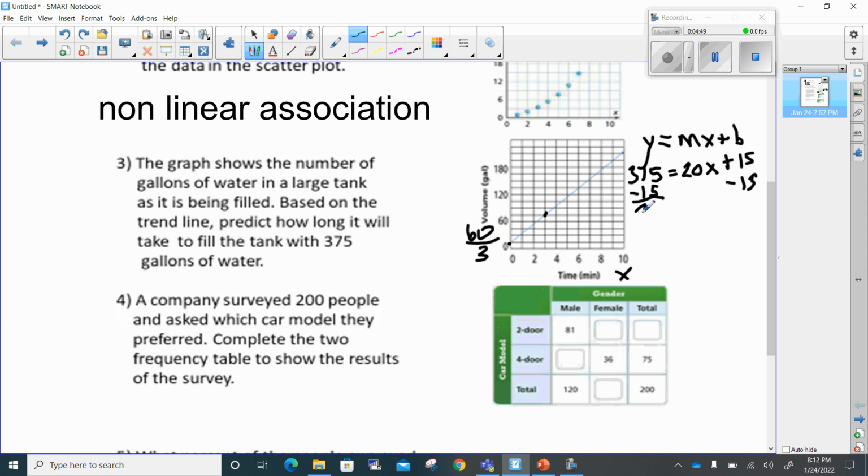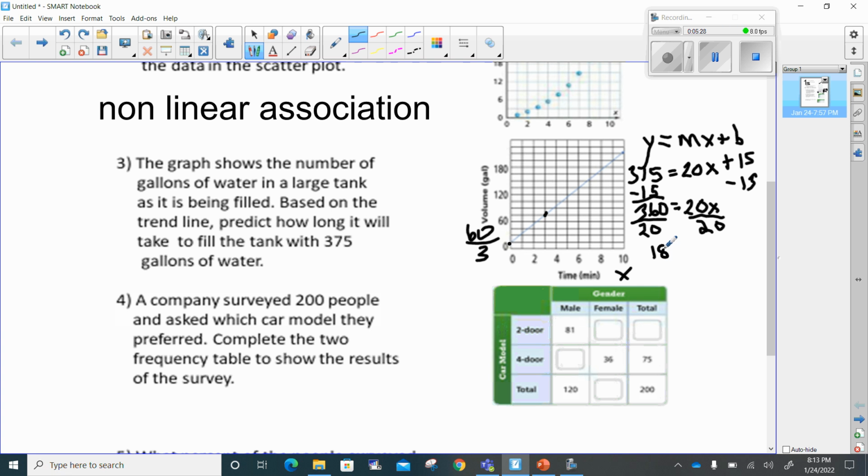Now it's going to give us 360 equals 20x. We're going to divide 20 away from 20x to isolate x, which means we have to divide 360 by 20. 360 divided by 20 will be 18.